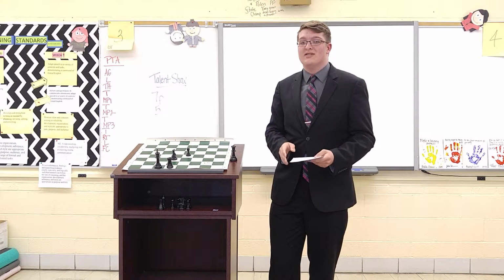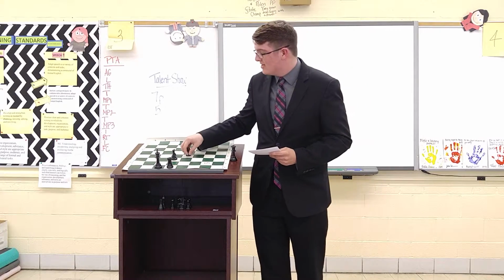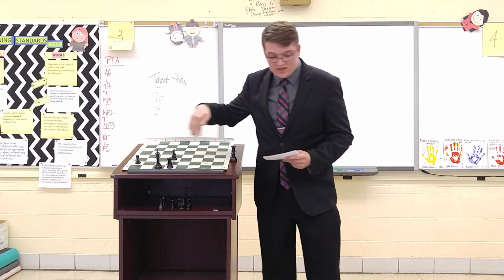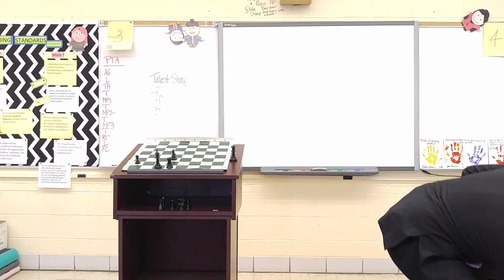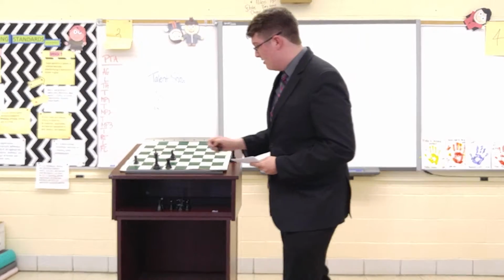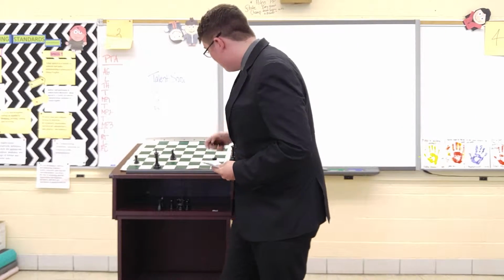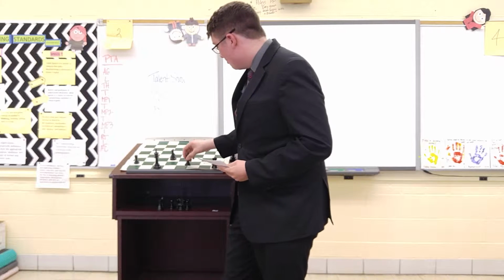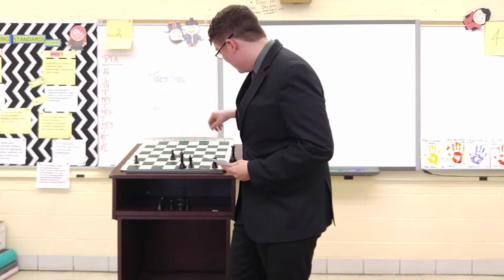Now that you know all the pieces, it's time to set up the board. As I stated before, the pawns each go on the front line, and there are 8 of them per person. The rooks go on the bottom 2 corners of each piece, and the bishops go right next to the king and the queen, as such.